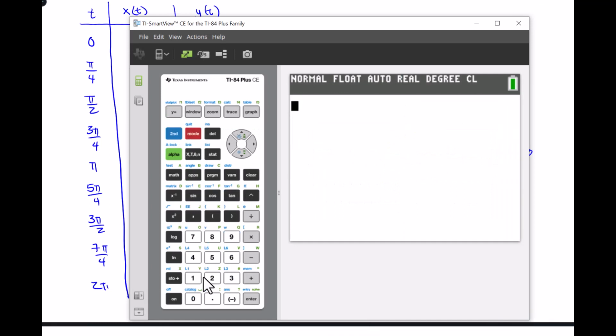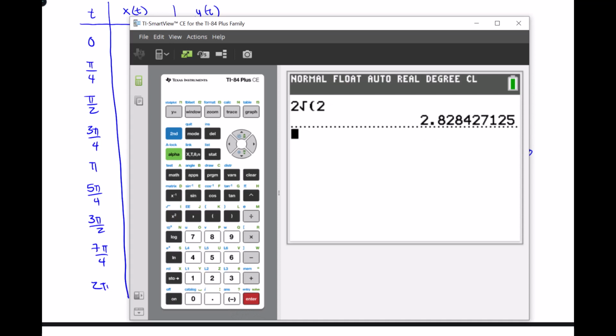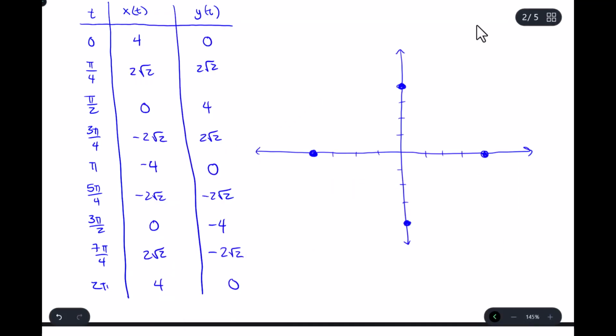Let's use the calculator to estimate that. So that's like 2.8. All right, so it would be 2.8 and 2.8. Then negative 2.8 and positive 2.8. Negative 2.8 and negative 2.8. Then positive 2.8 and negative 2.8.